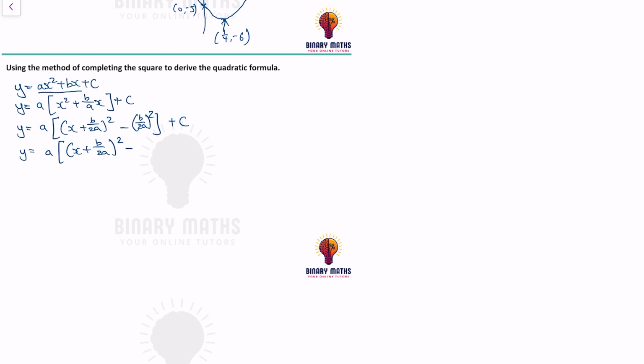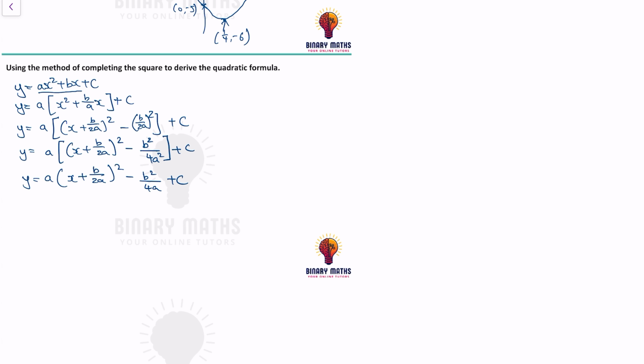When we do b over 2a squared, we get b squared over 4a squared, plus c. And don't forget the square bracket there. Now next we expand it out, so I get a times x plus b over 2a squared, minus b squared over 4a squared times a, which gives me b squared over 4a, plus c.